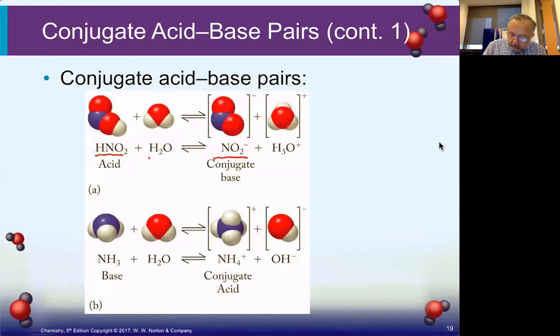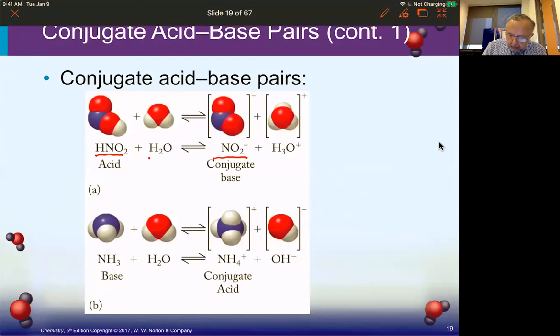When you look at these guys here, the water is going to be the base, and the hydronium ion is going to be the acid. The base will accept a proton, going from H2O, and this hydrogen here is going to go in there. And that's the product.